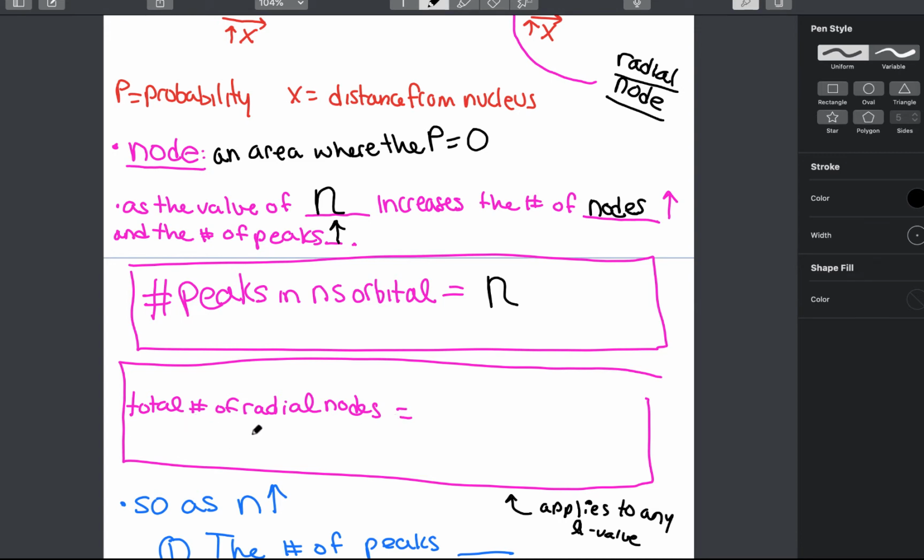So the total number of radial nodes in a particular subshell or orbital is equal to n minus 1 minus L. So this is equal to the total number of radial nodes in a particular orbital. So where n is equal to the principal quantum number and L is equal to the angular quantum number. And we're going to be using this later on.